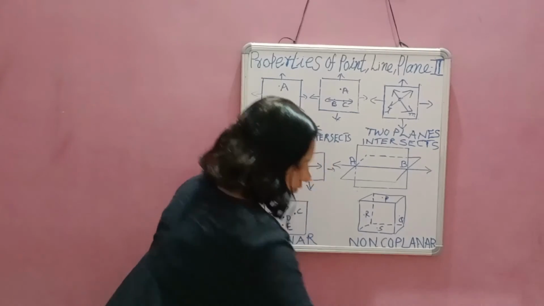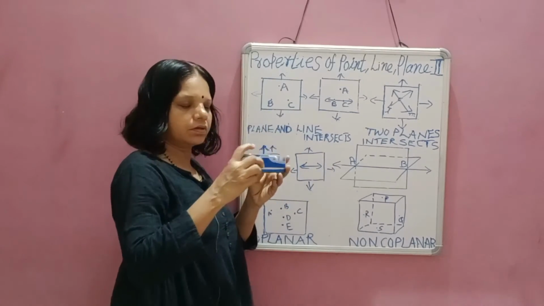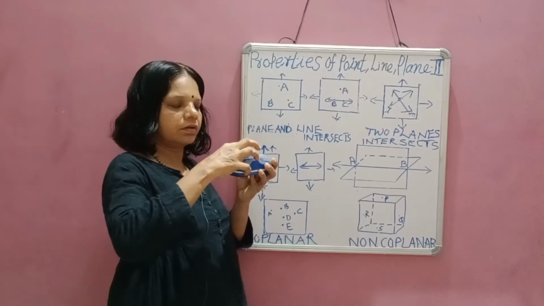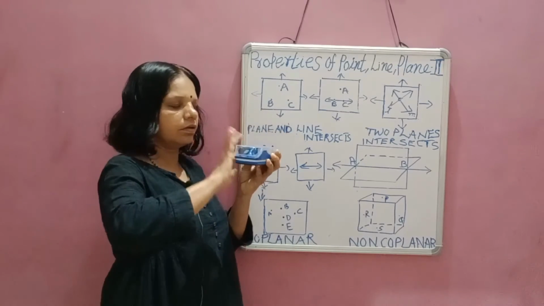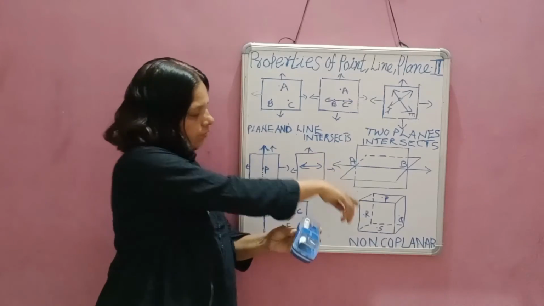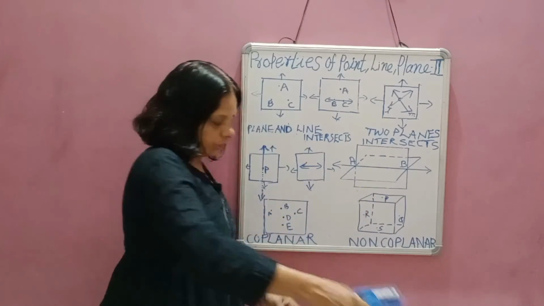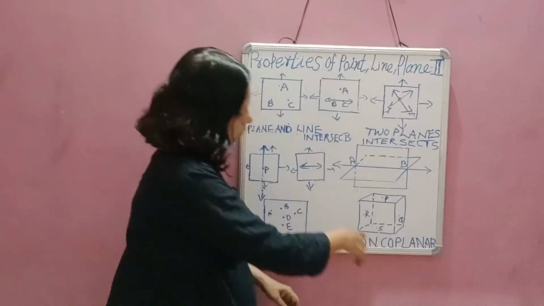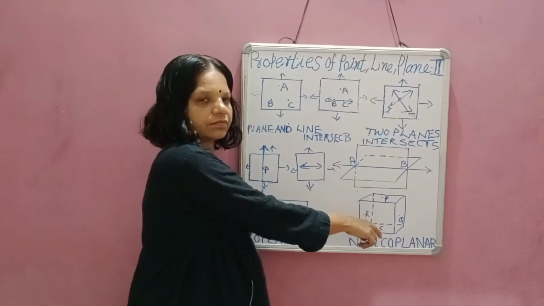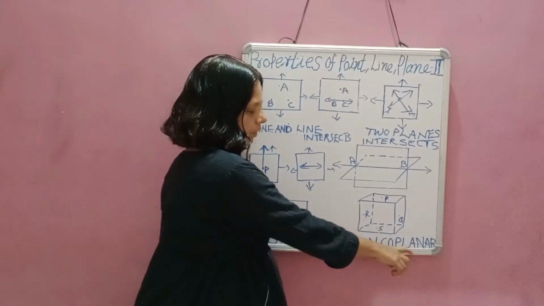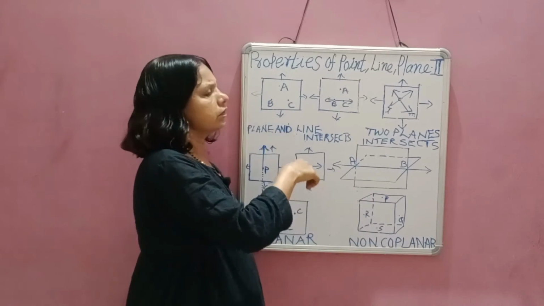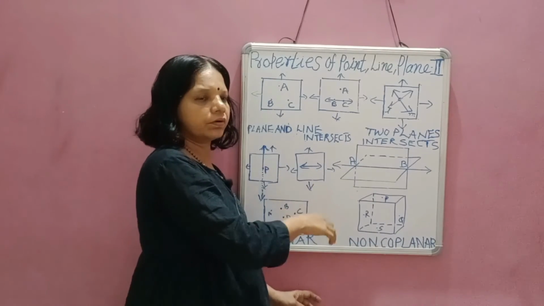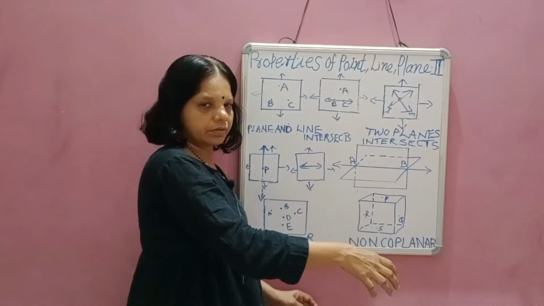For example, in this rectangular box, if one point is here, other point is here, other point is here, all in different planes like this figure, these points are said to be non-coplanar. Clear? These are the properties of point, line, plane.